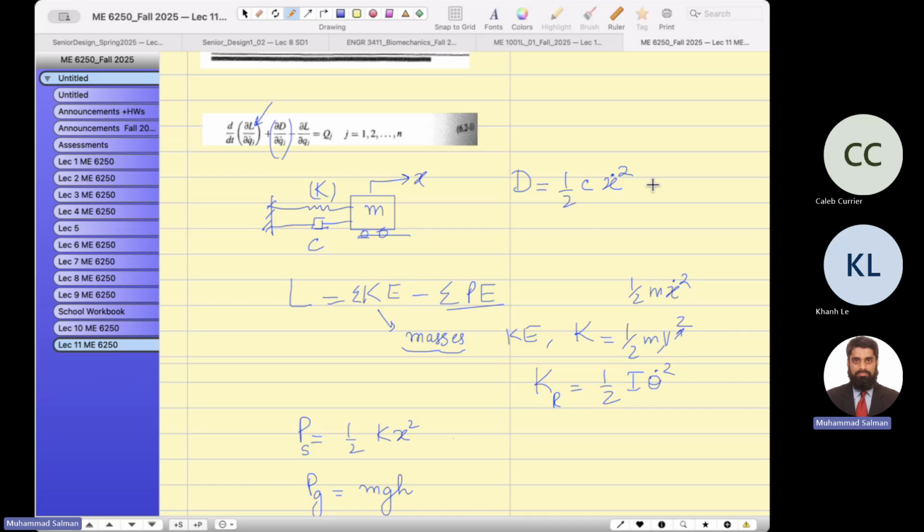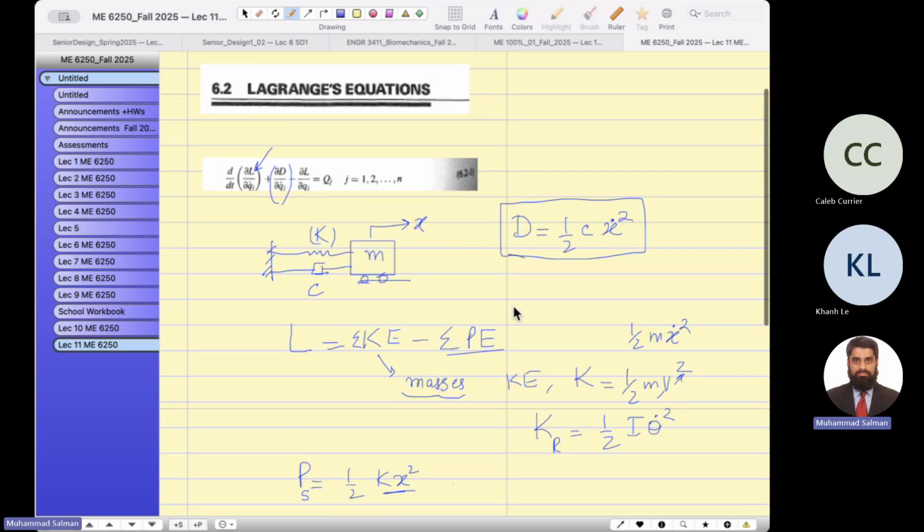This is similar to potential energy, but in potential energy we have x square, not the velocity square. For the damper, the dissipation function is half c x dot square.